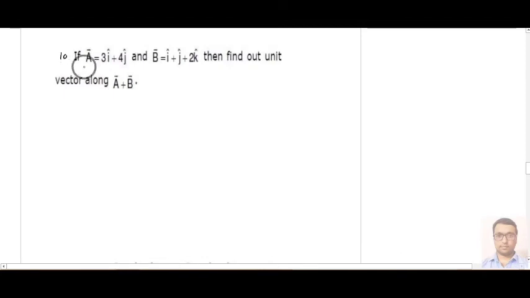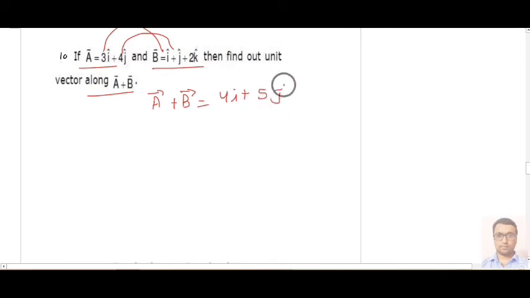Then in question number 10 we have two vectors, vector A and vector B. Find the unit vector along A plus B. For that we first have to find A plus B. That will be 3i plus i equal to 4i, then 4j plus j equal to 5j, and then we will have 2k.